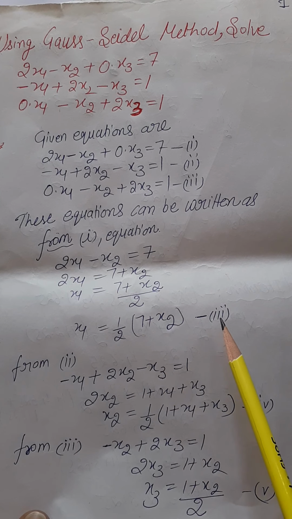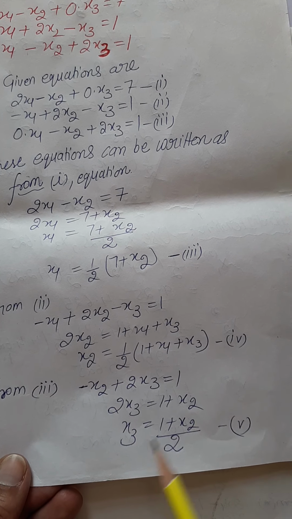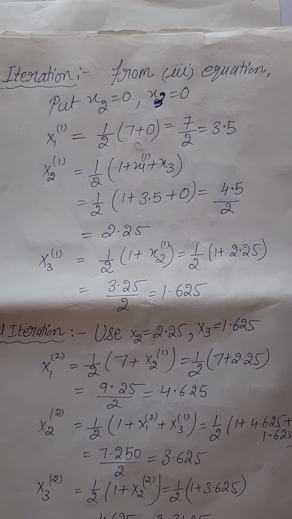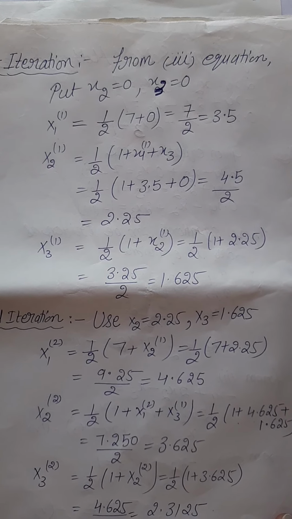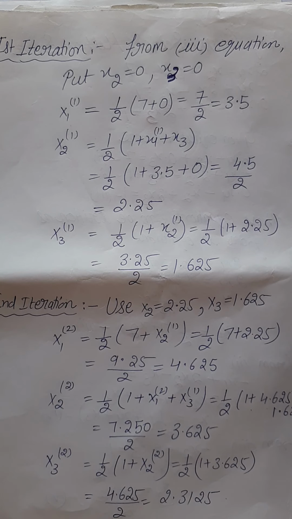We name this equation number 3, this is equation number 4, and this is equation number 5. Now we move on to our next step. First of all, we put the values of x2 and x3 initially as 0. This is our first step.